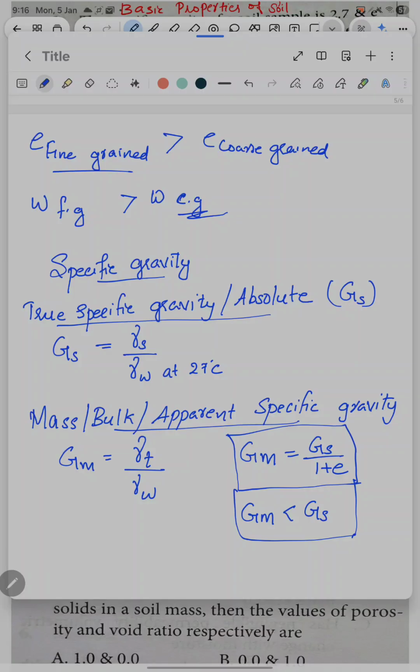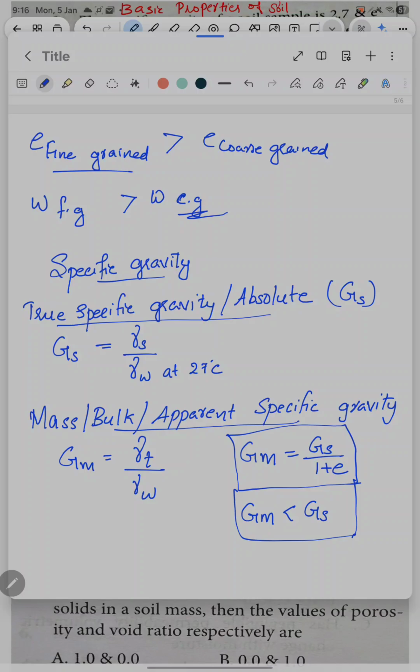GM is the ratio of bulk unit weight to unit weight of water, and the relation is GM equals GS divided by 1 plus E. The value of mass specific gravity is always less than true specific gravity.